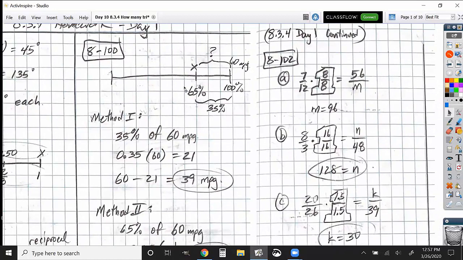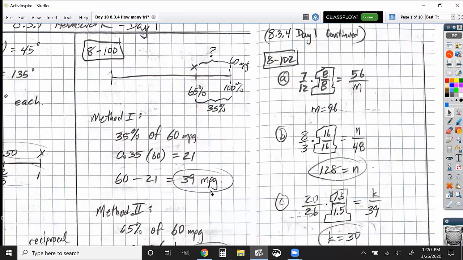Problem 100. Again, I'm going to do that one with a percent picture. 100% with 60 miles per gallon, and 65% of that. I guess this was a 35% decrease, which would make 65% match up with x. That would be method 2. 35% of 60 of the original is 21.